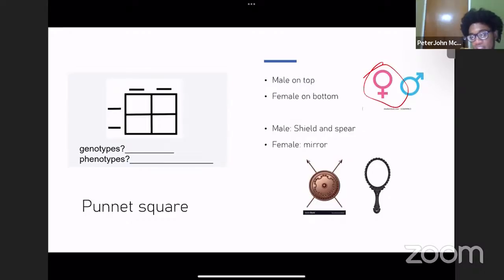The male symbol looks like a spear with a shield: the arrow part is the spear and the circle part is the shield. That's how I remember which one is which, because I need ways to remember things. I'm not just going to get up and remember.